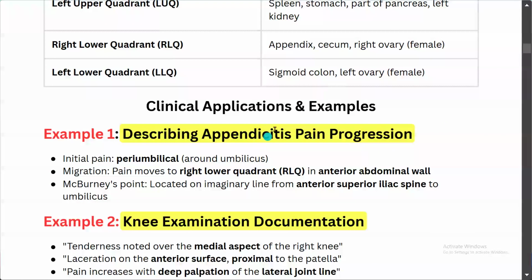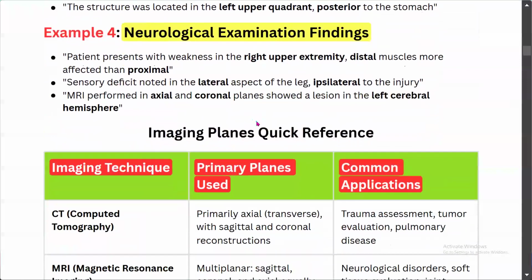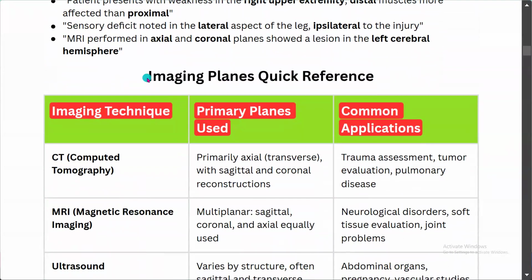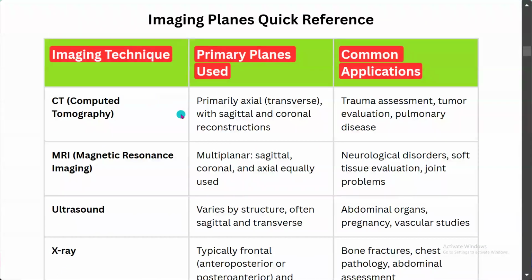And once you understand this, the next thing is when a person is going for any kind of X-ray or imaging, there are some terms mostly used. You heard about transverse, right?